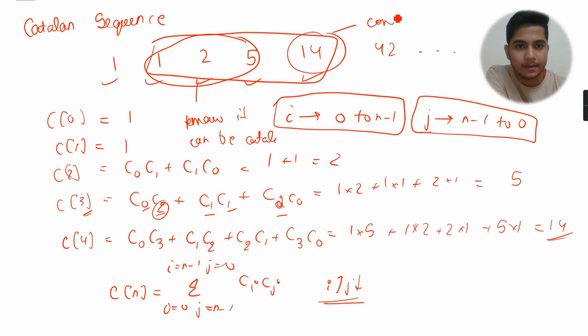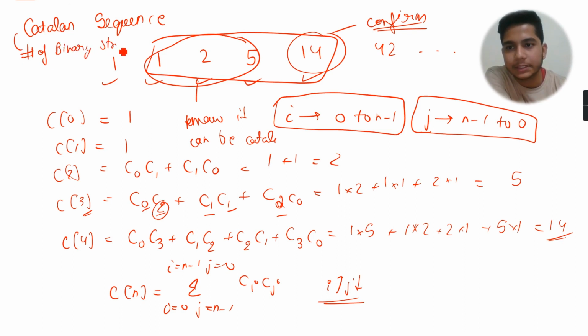If it's 14, then we are confirmed that it's Catalan. And this sequence has a lot of applications as well, like the number of binary strings. We will be doing that question, number of unique BSTs, as well. A lot of applications are there, and Catalan number is a really special topic to learn about.